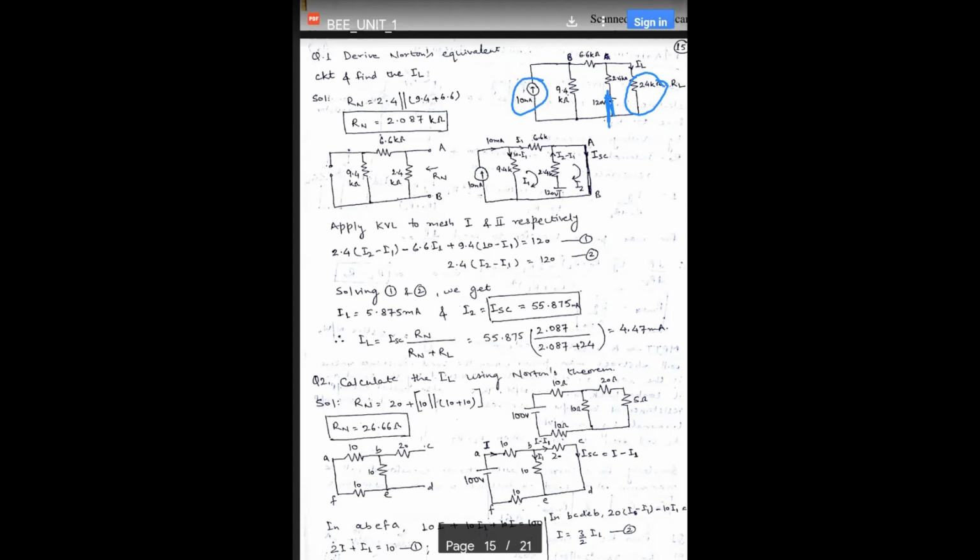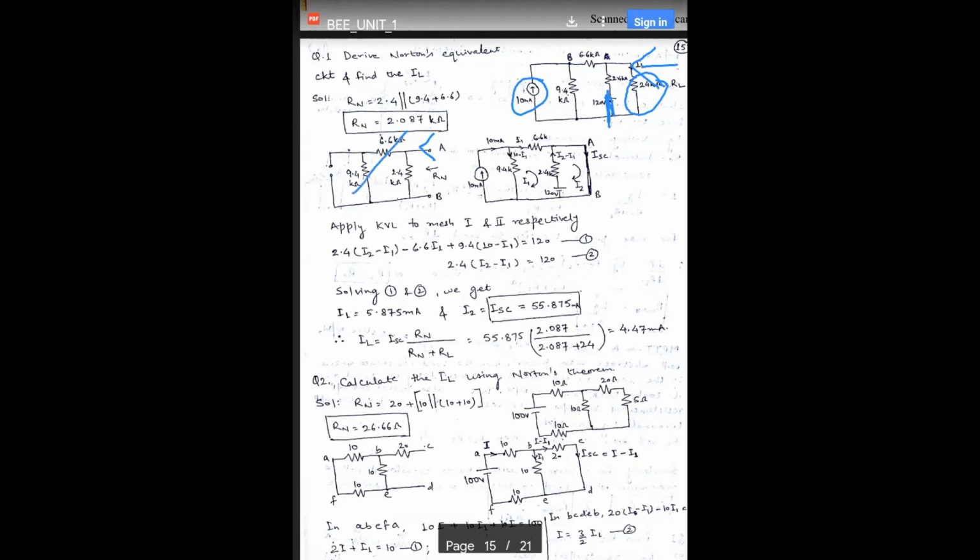The flow of the current will be into the circuit from the load end. Okay, this is to be taken care of. So taking into account these considerations, the current is in here. Now this is open circuit, so current will not flow here. So you can say that this is non-existent.